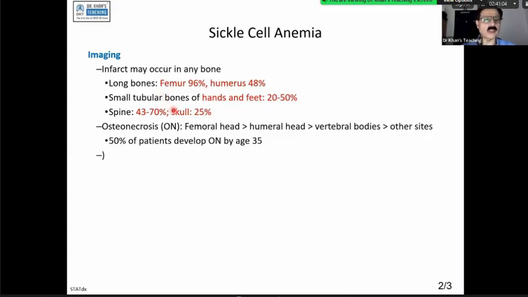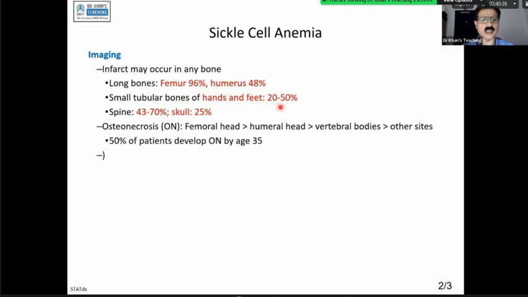Now, key points to remember in sickle cell: this was avascular necrosis secondary to sickle cell disease. I just want you to remember these, which give you an idea of frequency of involvement. The femur is involved in 96%, the most common, and then the humerus.